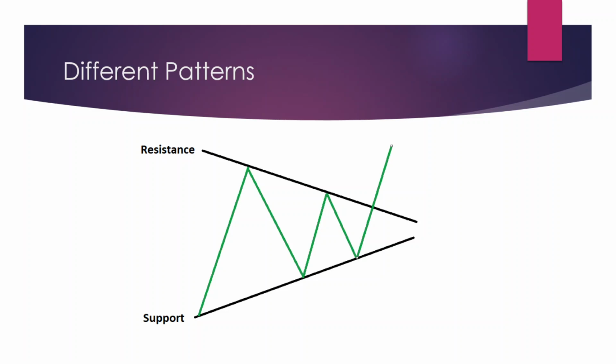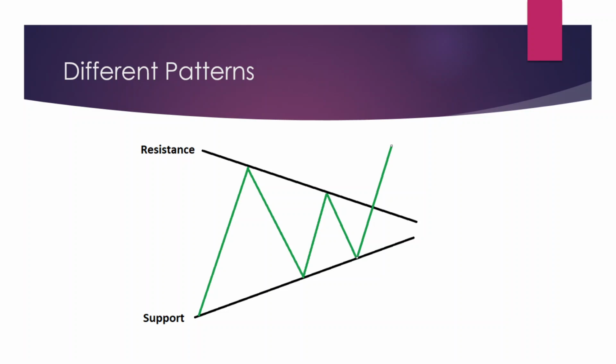And you also have something like this, a pennant, I believe it's called, where the resistance and support are closing in on each other. These are a little bit risky because you don't know which direction it could go.